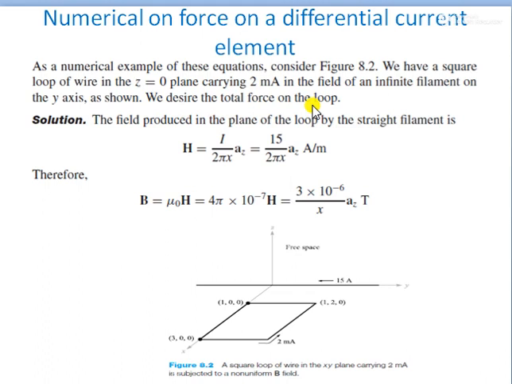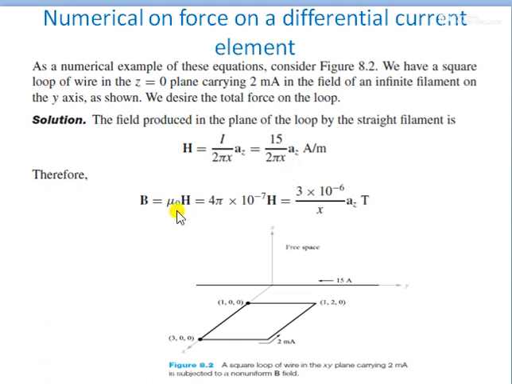So here, the field produced in the plane of the loop by the straight filament is H is equal to I divided by 2 pi x az ampere per meter, because due to the straight filament the field is produced.